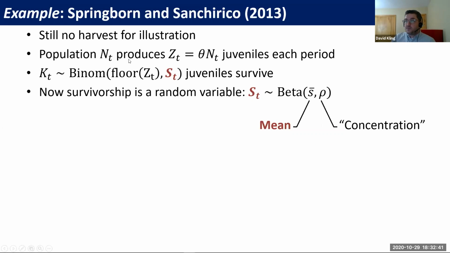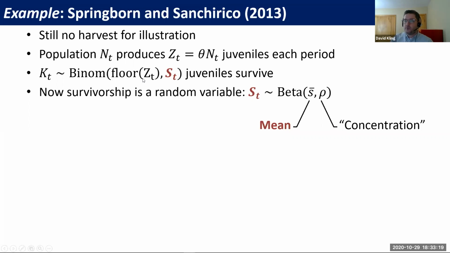Now, the source of uncertainty is concentrated in, or limited to, the following. You have an initial beginning of period population that produces juvenile fish according to this simple scaling factor here. And those juveniles survive, and the source of stochasticity in the model is, I'm going to talk about how it was set up before, but the full model that Mike analyzed, it's a binomial process.